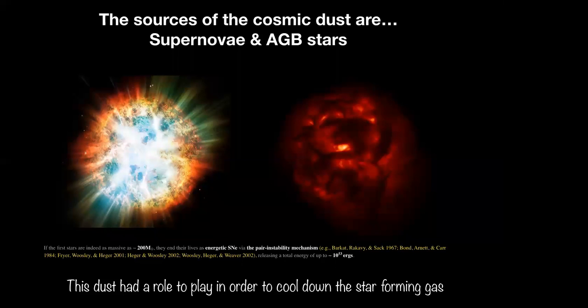So supernovae can provide the dust, the AGB stars can provide the dust, and you can have star formation happening in the presence of gas regulated with certain temperatures.